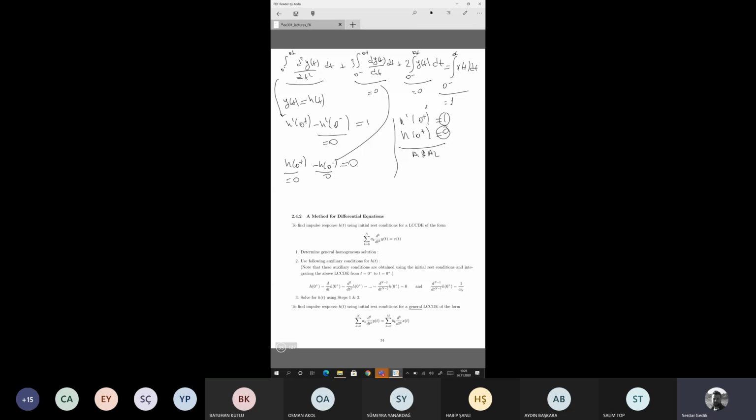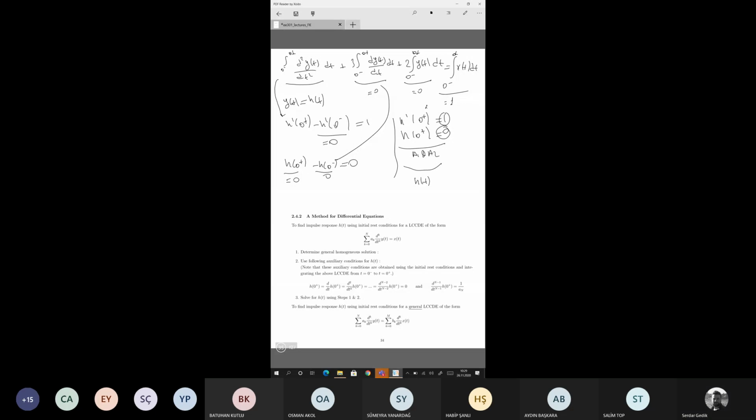But note that we are using the initial rest assumption in order to solve for A1 and A2. So if you have A1 and A2, you have h of t. Once you have h of t, you can find the solution for this differential equation for any given x of t, by using convolution. That's simple.